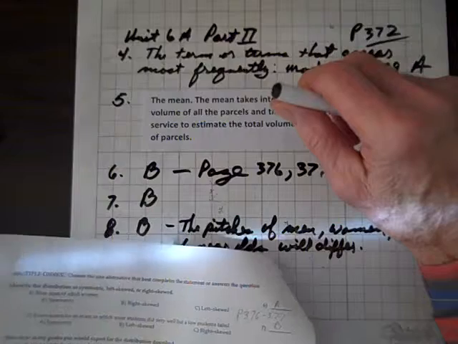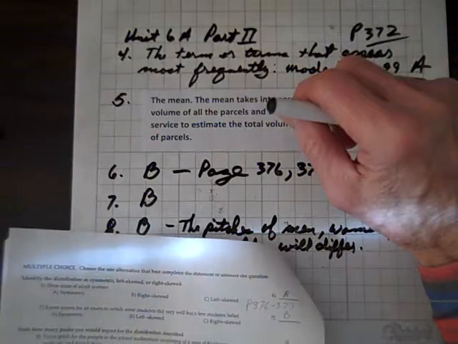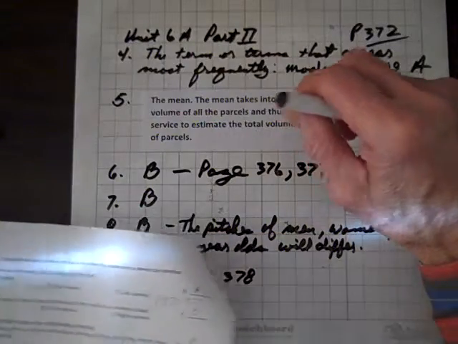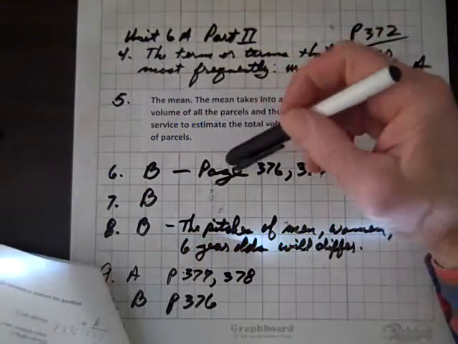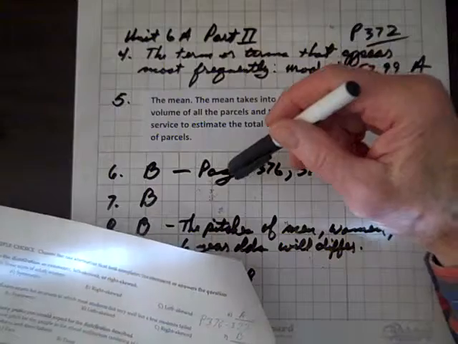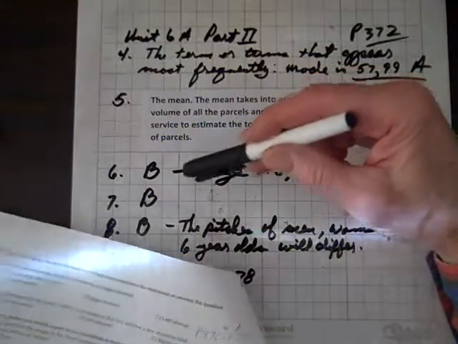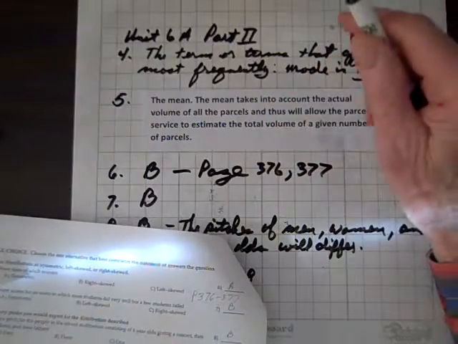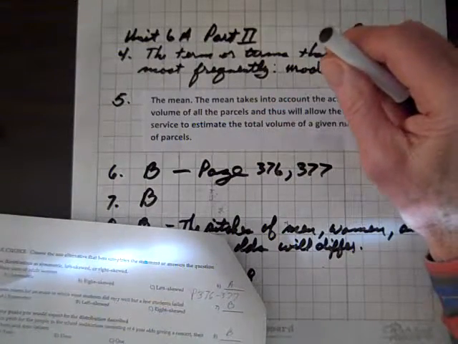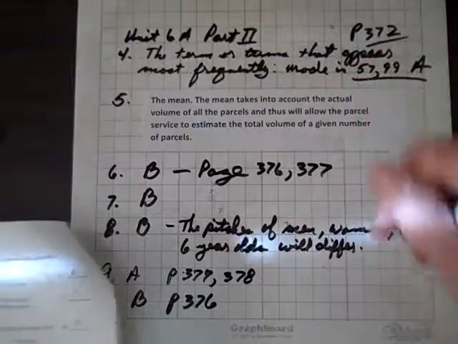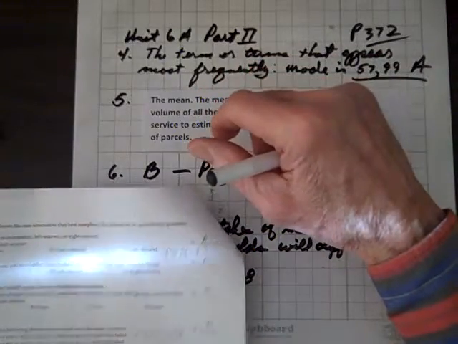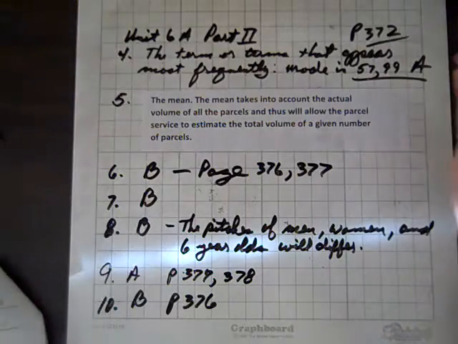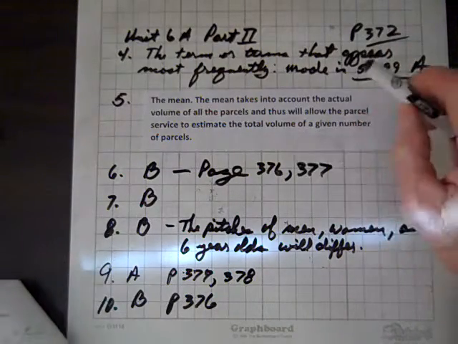So when we're talking about women's shoes, if we were to look at the distribution of that, that will be a symmetric curve. On the other hand, if we're looking at exam scores for number 7, and most students did very well, but a few students failed, then that's going to be skewed to the left, and that's entry B. So page 376, 77, very important.